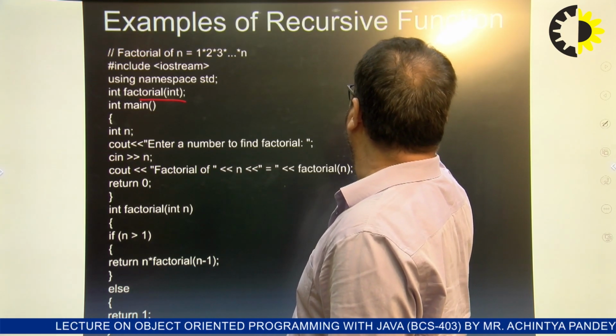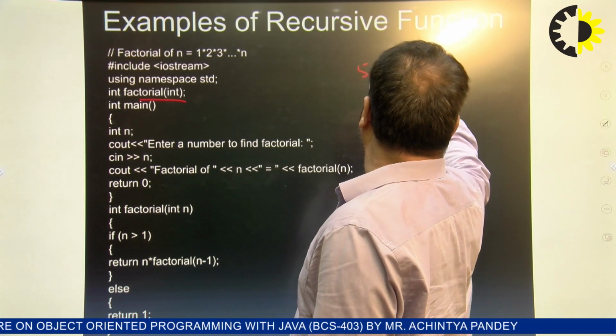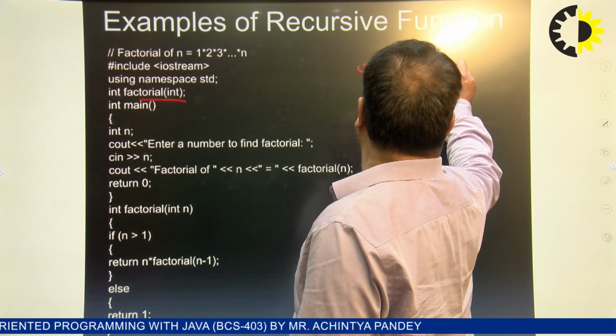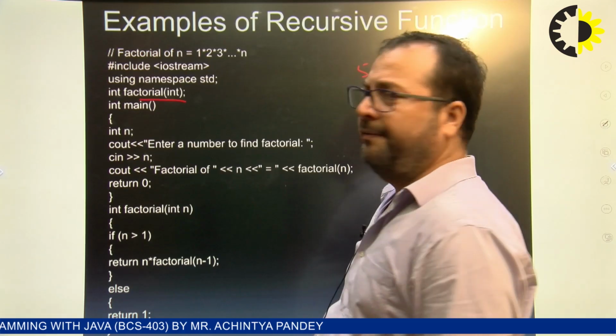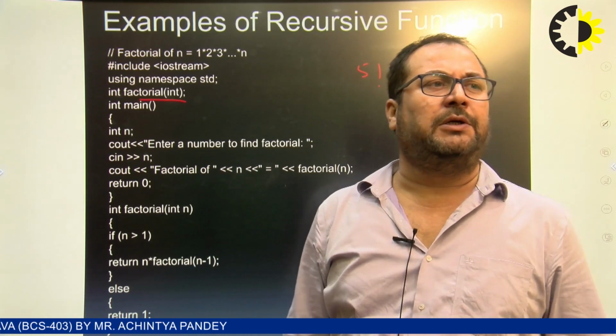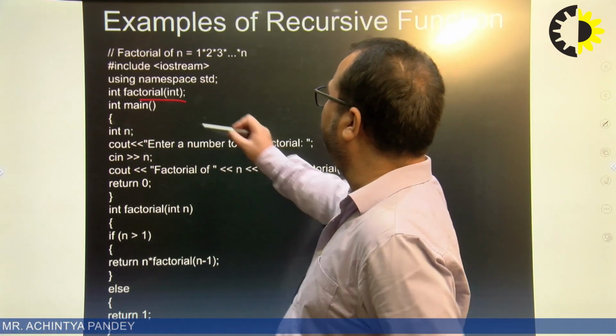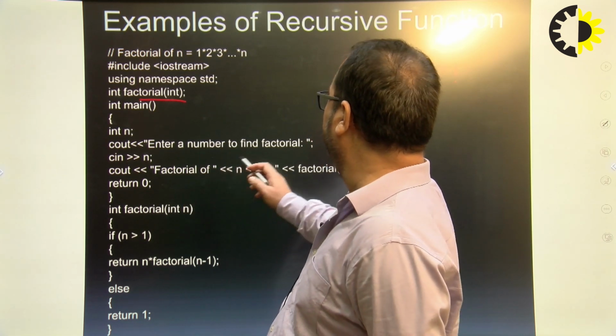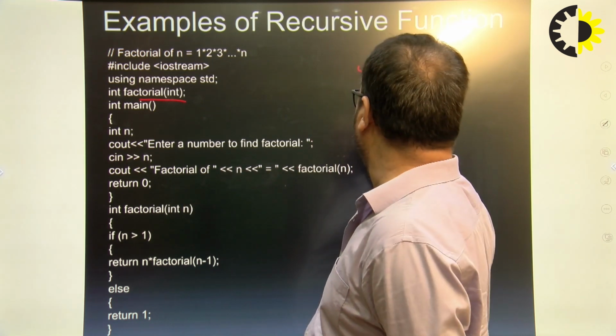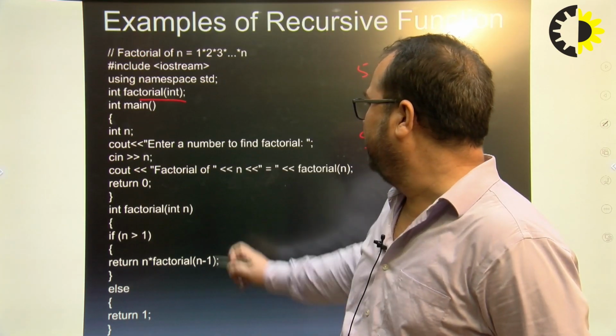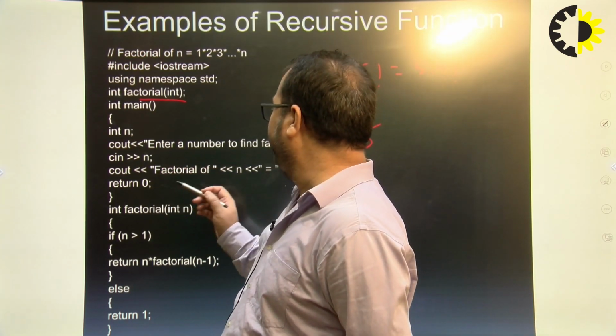For example, factorial 5 equals 5 into factorial 4, right? See here, we enter a number whose factorial we want. For example, we are entering 5. So n becomes 5.